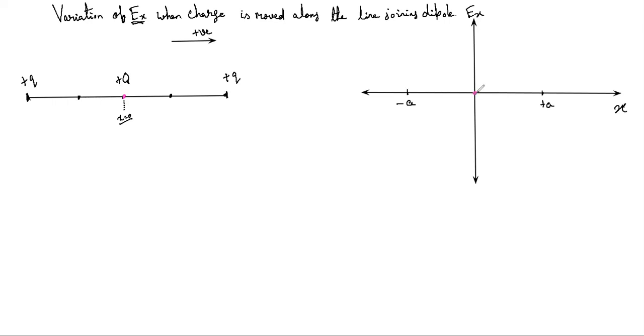Very good. So at the midpoint, the electric field is 0. Now let us consider this point. What is the value of electric field? Will the net electric field be towards right or left? Left. Net electric field here will be towards the left.